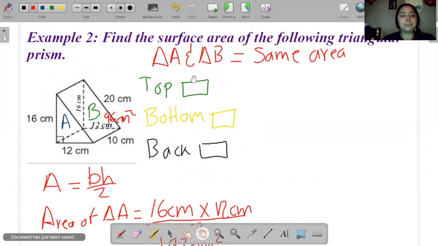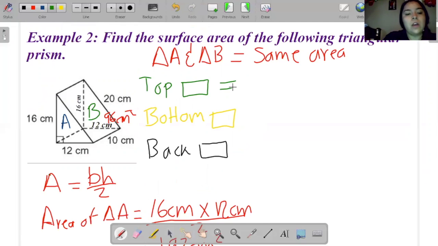So let's do the top rectangular face first. So we have a length of 20 centimeters for this rectangular face here. And then we have a width of 10 centimeters.